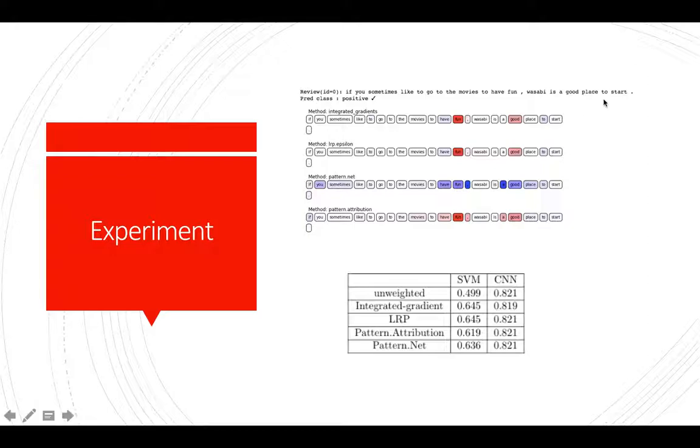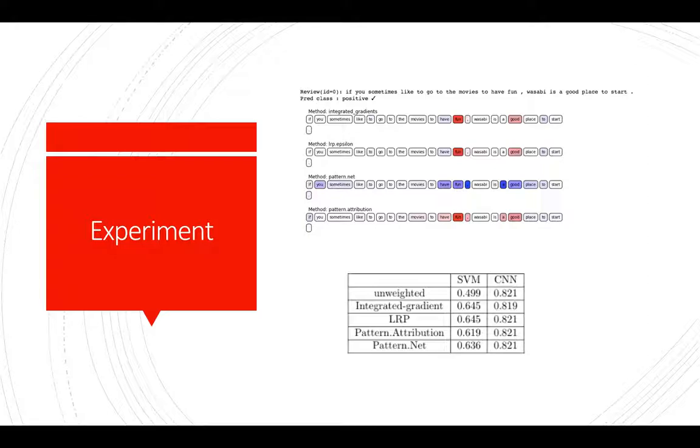So as we can see here, they see fun and good as positive words. However, pattern net gives opposite results. Therefore, I think maybe pattern net does not explain the module properly.